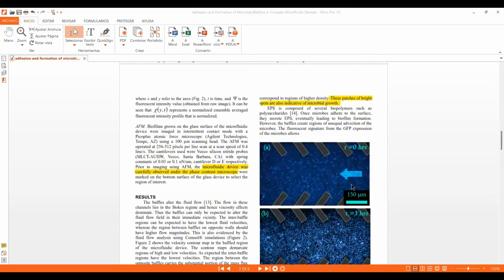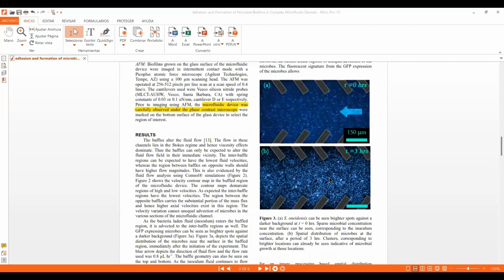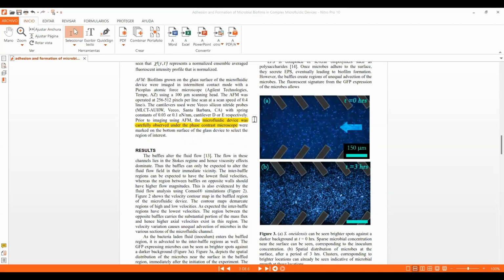For analyzing all these pictures, they used image processing in MATLAB. So here we can observe these two images that were taken at two different times, at 0 hours and 3 hours. The average gray scale value per unit area also increased by an order of magnitude. Here we can observe that a location with a brighter spot, which corresponds to a region of higher density.